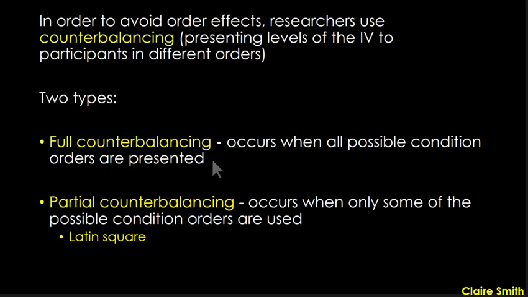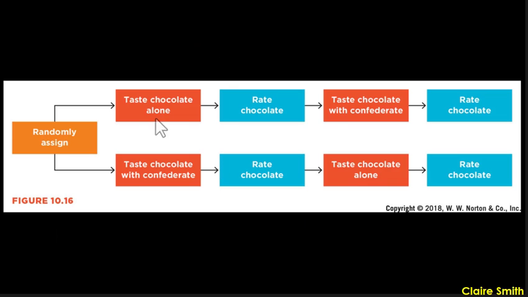If you have two things, taste chocolate alone, taste chocolate with someone sitting there. It's pretty easy to do a full counterbalancing condition because one group tastes it alone and then with someone else, and then the other group tastes it with someone else and then alone, right? You're doing all possible conditions here, counterbalancing, to make sure that it's not just, the first time you eat chocolate, it tastes better, and then the second time.